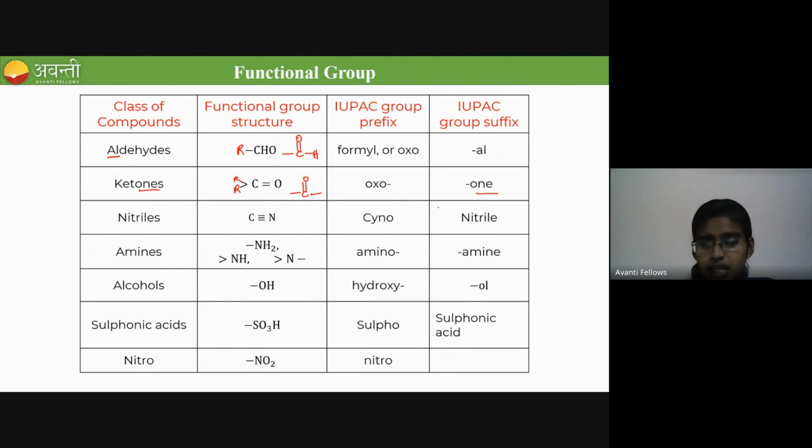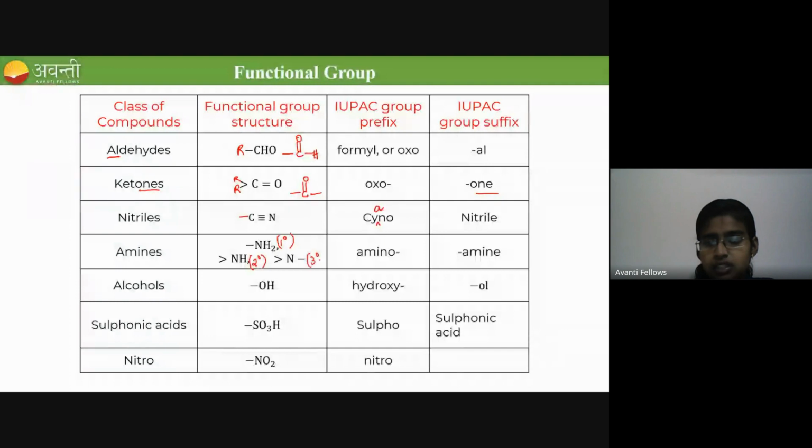For nitriles, CN is the group, that is RCN, and the prefix is cyano and the suffix is nitrile. For amines, we have three different types. The first, RNH2, is a primary amine. If you have R2NH, it is a secondary amine, and R3N is a tertiary amine.